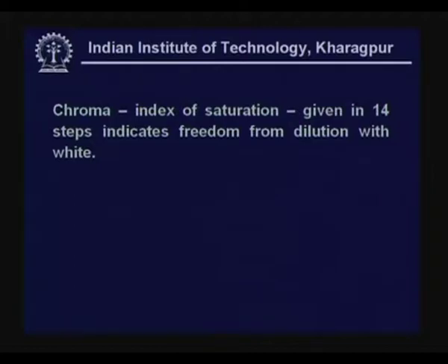Chroma is the third dimension, which is an index of saturation. So, what it says is how free it is from dilution with white. One can say a mixture with white of any hue would dilute that hue. So, this talks about the saturation, which is normally given in 14 steps.